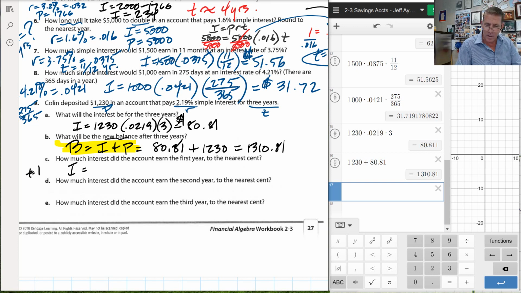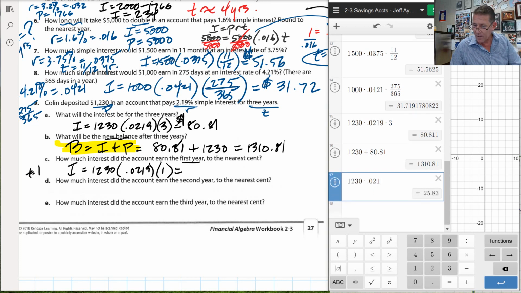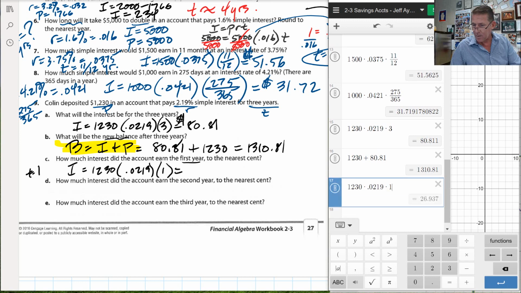So you take $1,230, the principal, times the interest rate, 0.0219 times 1, because we're dealing with 1 year. So here we go, let's calculate it. So 1,230 times your interest rate, 0.0219, times 1. You don't really have to put it in there, but just put it in there. What the heck? So $26.94.